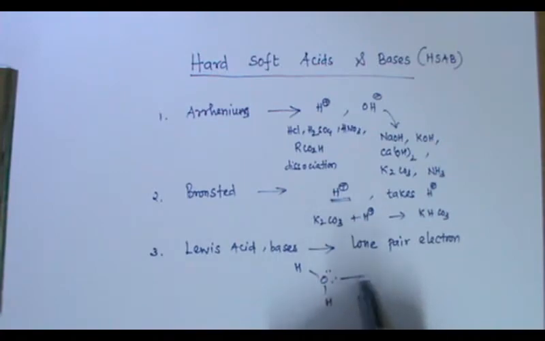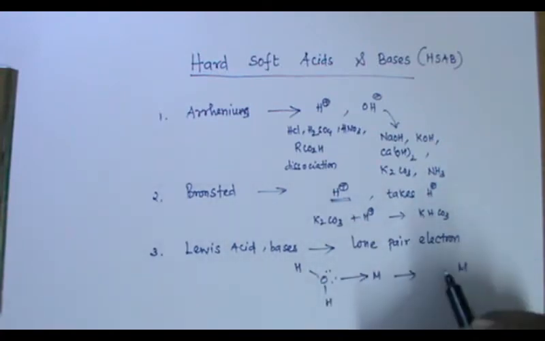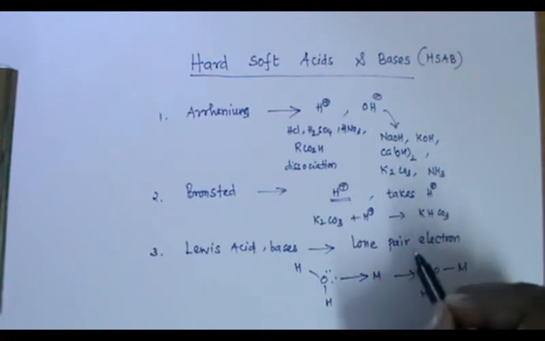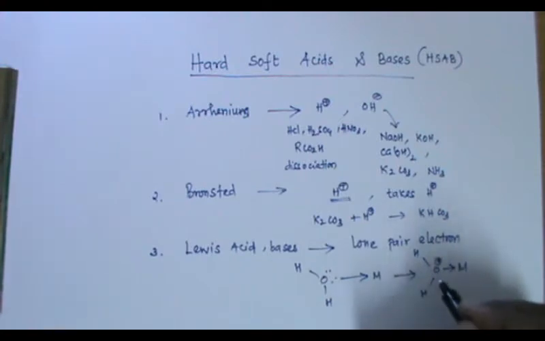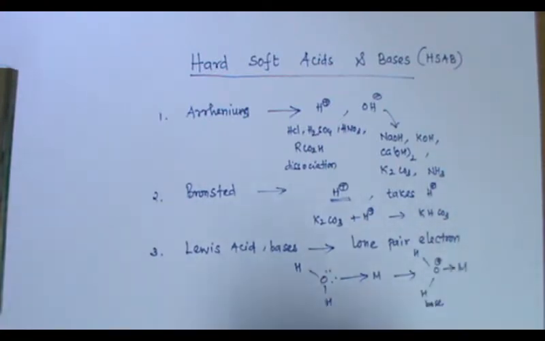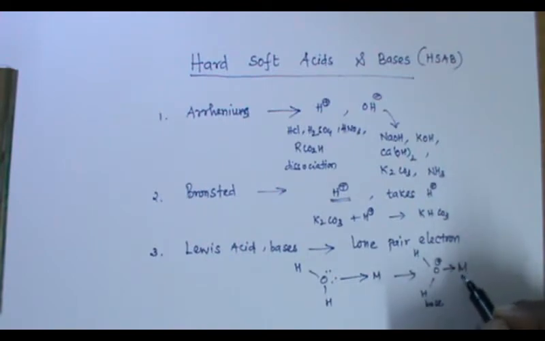It can be donated to another molecule to form a coordination bond like this. Now, that which donates the lone pair of electrons is known as base, and that which accepts the lone pair of electrons is acid.